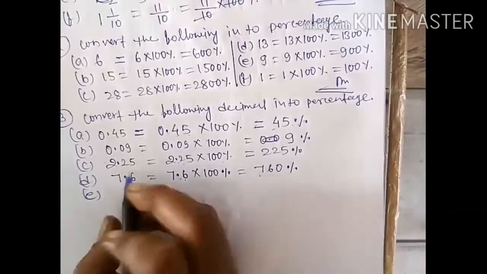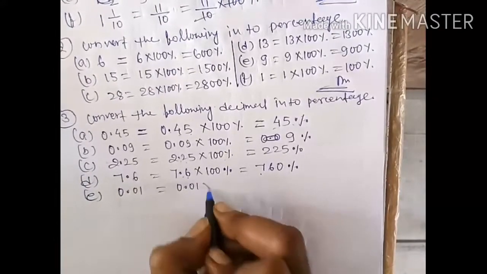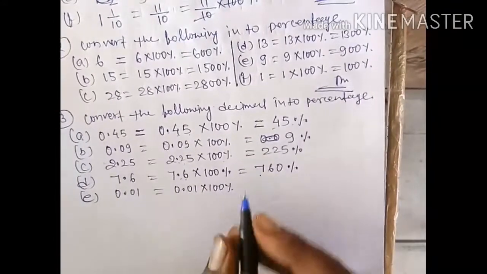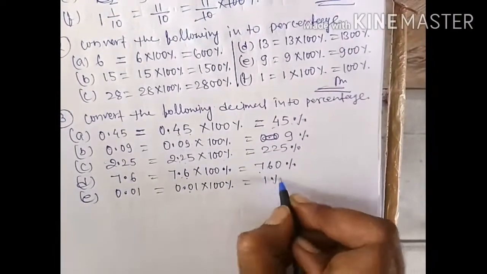In question number E, 0.01, it means 0.01 into 100%. So the decimal shifts 2 digits right, so we get 1%.